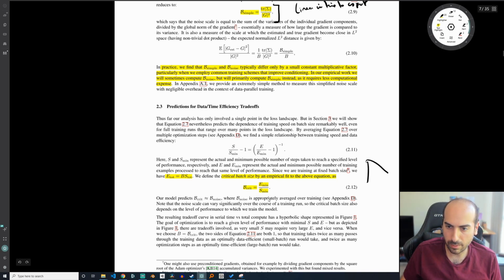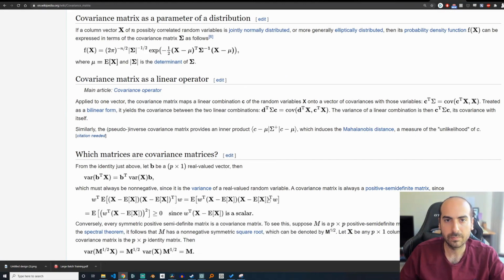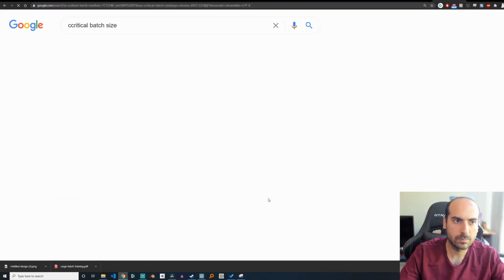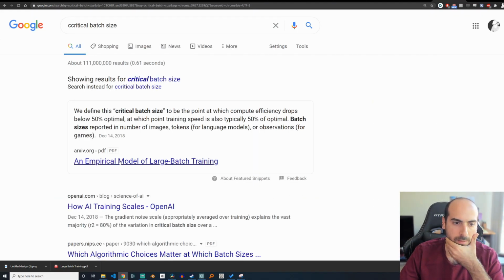And I think let's just do some quick Googling on critical batch size at this point. So the point at which compute efficiency drops below 50% of optimal, at which point training speed is also typically 50% of optimal.